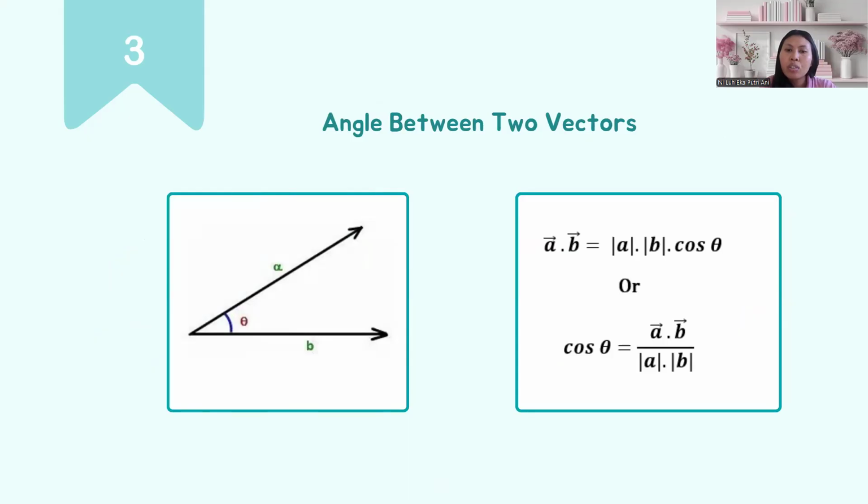We know that for two vectors, vector A and vector B, their dot product A dot B is equal to the magnitude of vector A times the magnitude of vector B times cos theta. Or using this formula, cos theta is equal to vector A dot vector B divided by the magnitude of vector A times the magnitude of vector B.